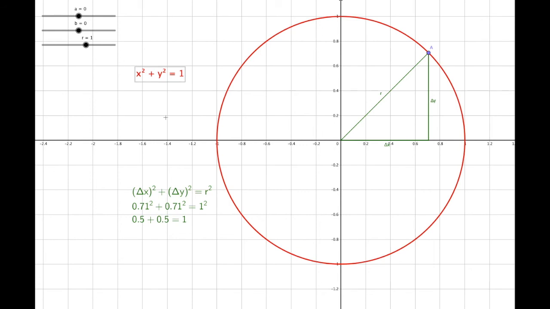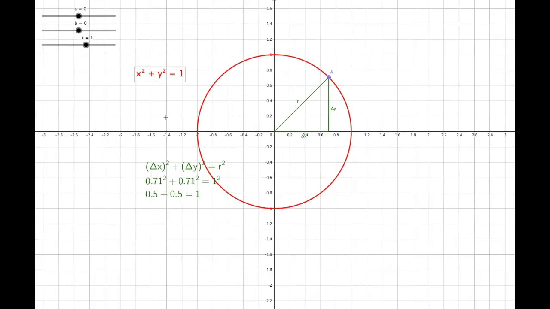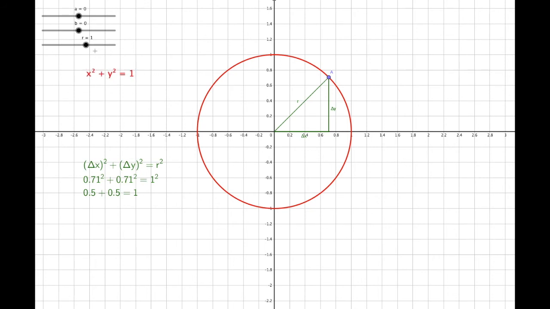So the next thing is, if we zoom out a bit, and move both calculations out of the way, then we can change the radius.